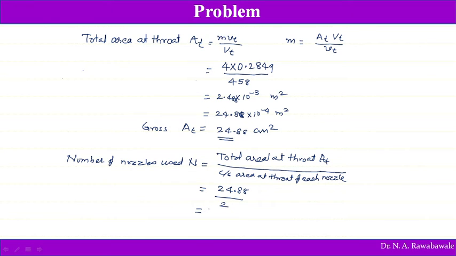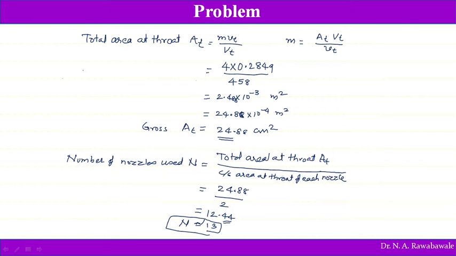On calculation we get number of nozzles as 12.44. This 0.44 is not too small, so we cannot use 12 nozzles, which would be less. Therefore we use 13 nozzles.